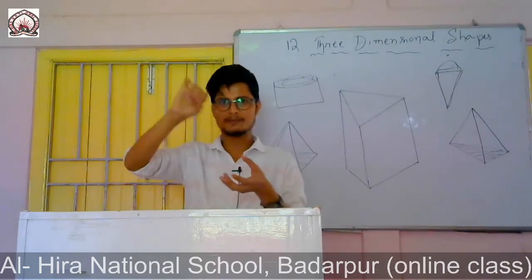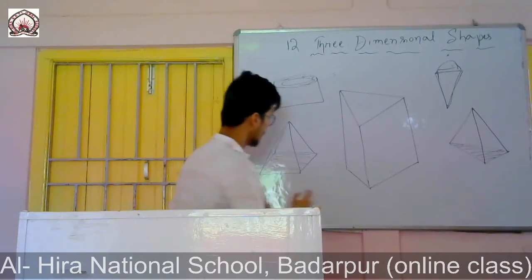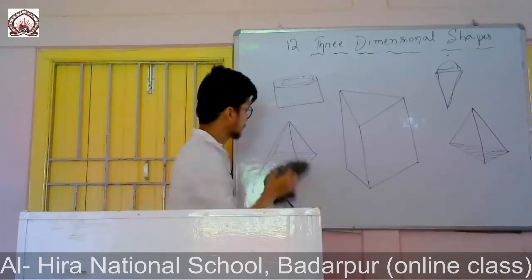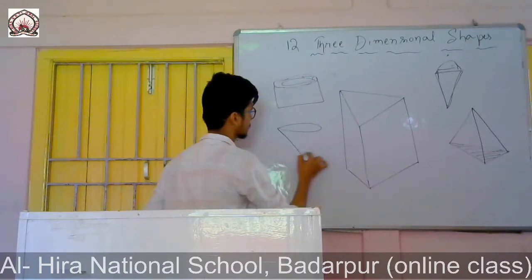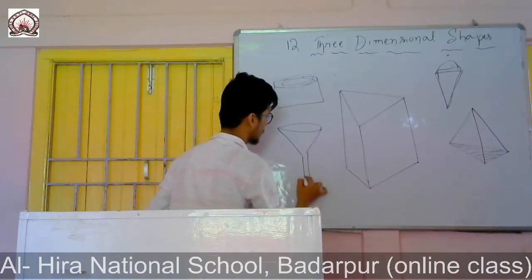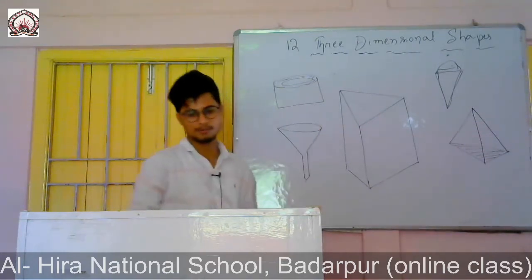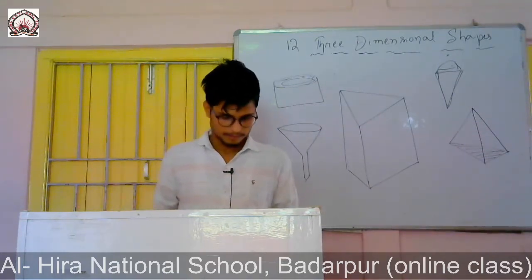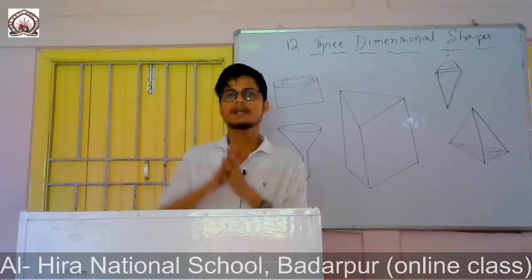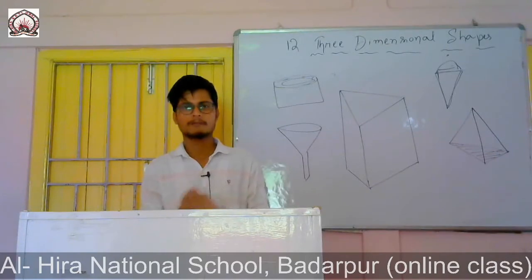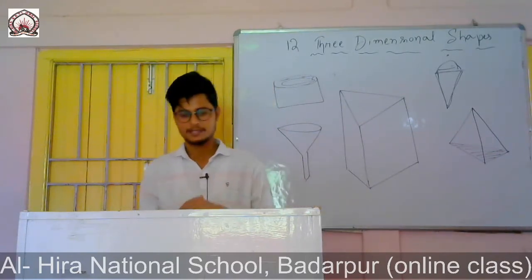You have seen funnels also. This part is a cone. Then comes the sphere. The spherical shape: earlier I said globe, ball, basketball, oranges, these have the shape of a sphere.